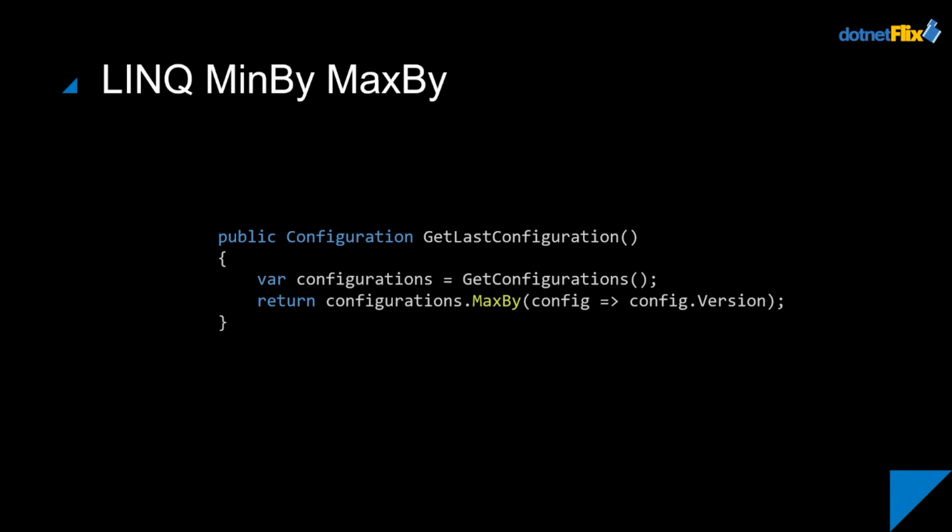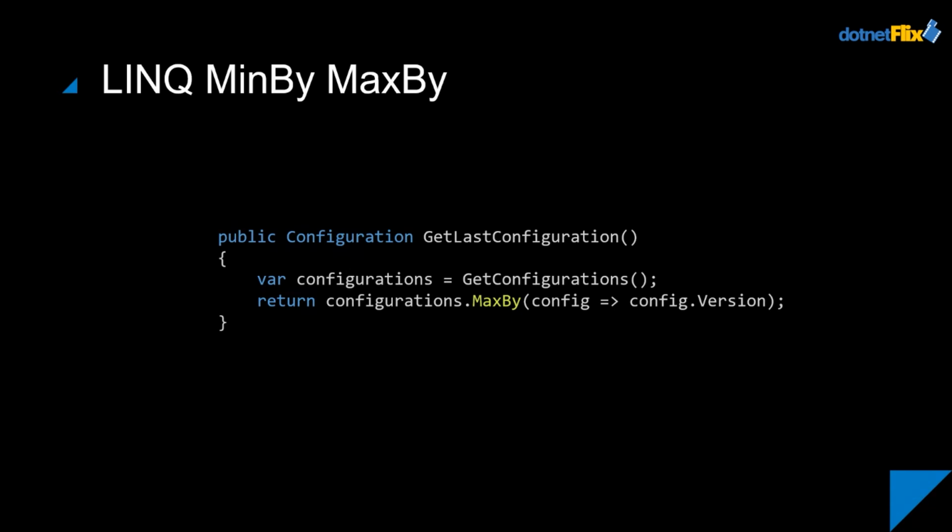So in .NET, you already had the Min and the Max methods, with which you would retrieve the highest or the lowest value of a property. But with the MinBy and the MaxBy, you actually get the object with that lowest or highest value property.